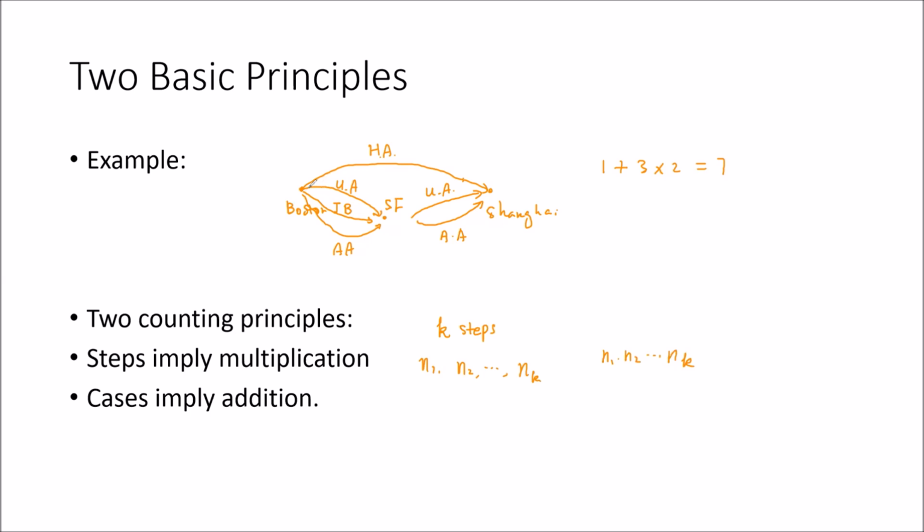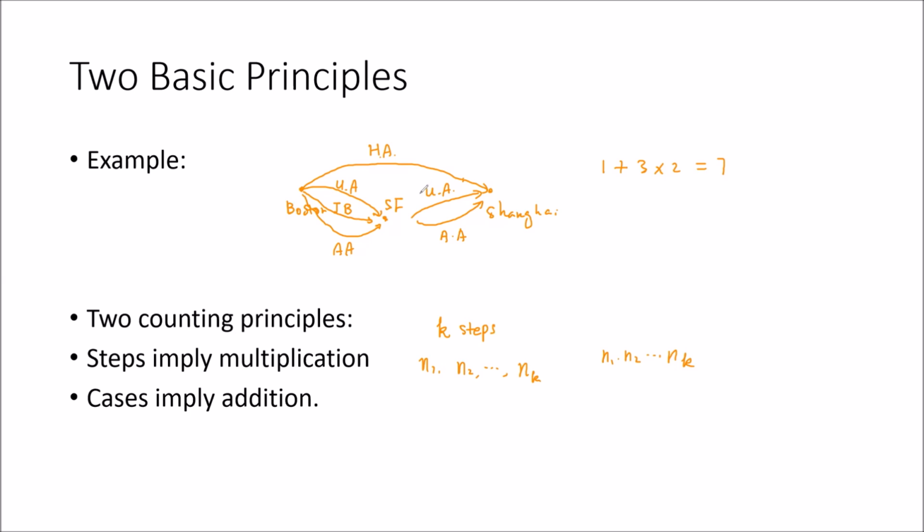And Boston, San Francisco, United Airline, that is also a different case. You have a 1 stop, and this second case has 6 of them, and within the second case, you have the multiplication principle applied. So keep in mind, you have steps, you multiply, you have cases, you add.